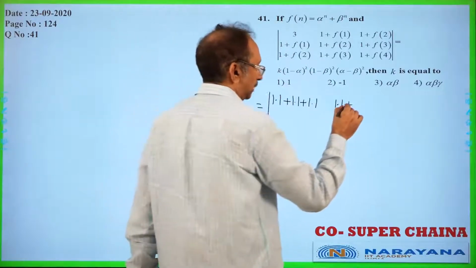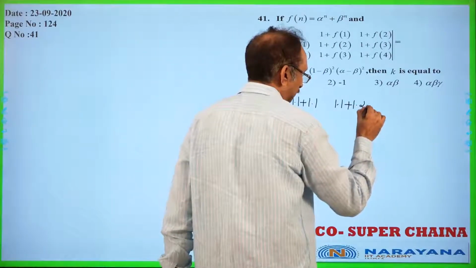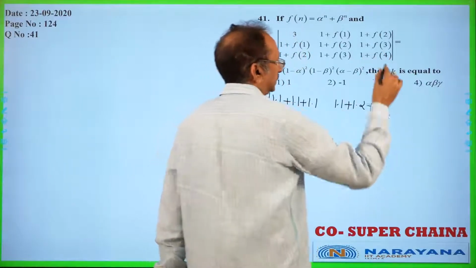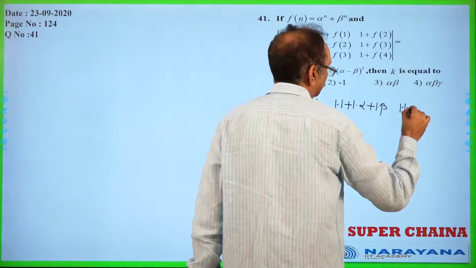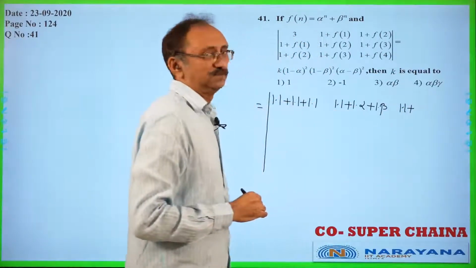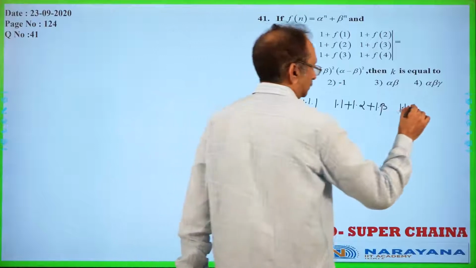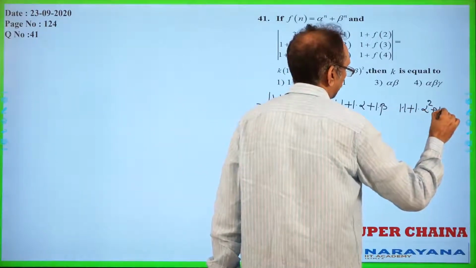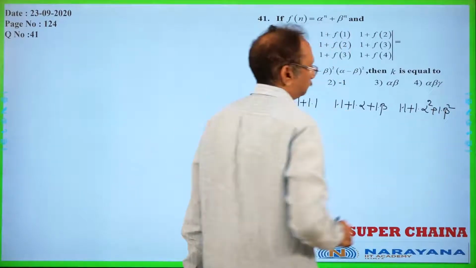Alpha plus beta. I am writing that as 1 into alpha, 1 into beta. And third one, 1 into 1, f of 2 means alpha square plus beta square. That is 1 into alpha square plus 1 into beta square.